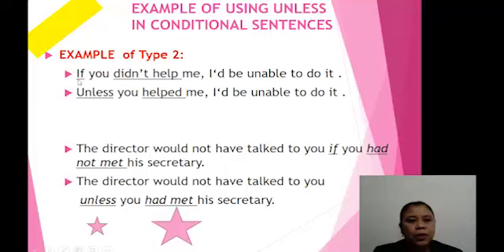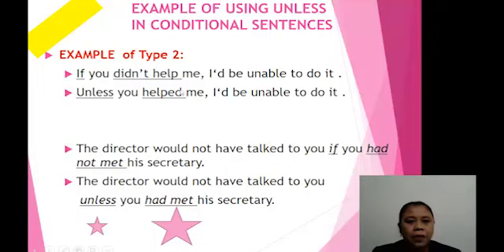I remind you that conditional sentence type 2 uses past tense. The example statement: if you didn't help me, I'd be unable to do it. Remember, we have to omit if and not.